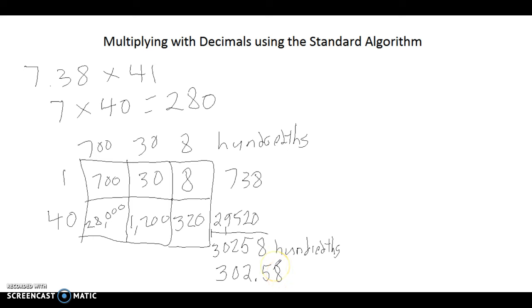Now let's see what that looks like in a standard algorithm. This time though, unlike last time, we're going to go ahead and keep the decimal in, but we're still going to treat it like we're multiplying a regular number.